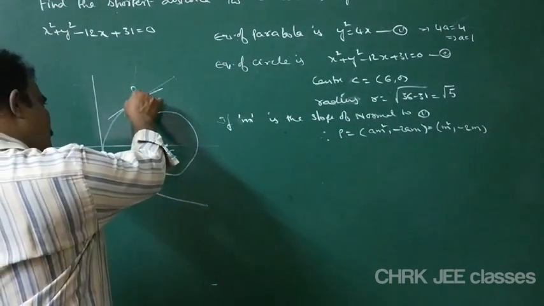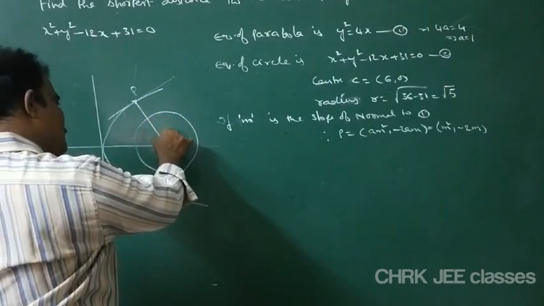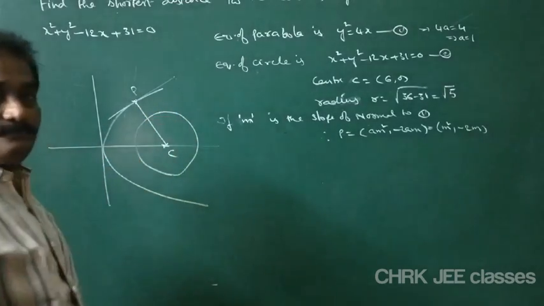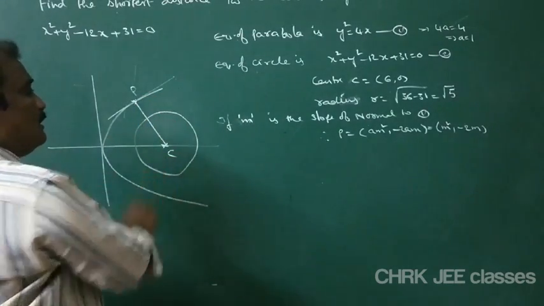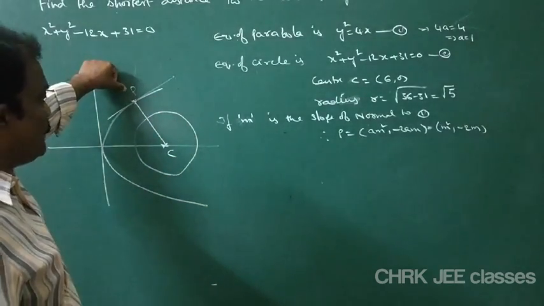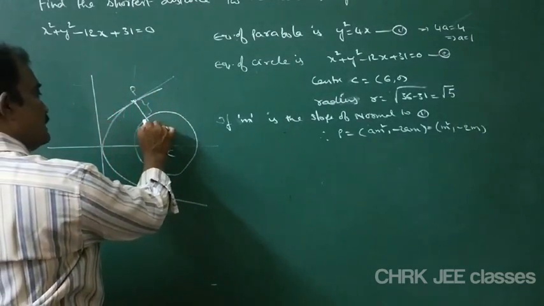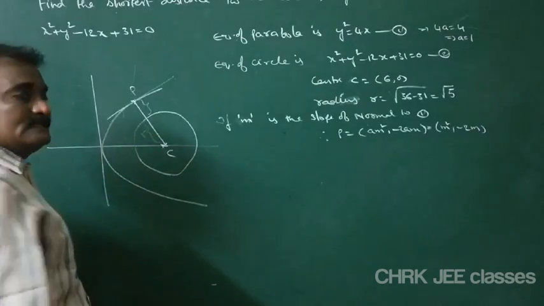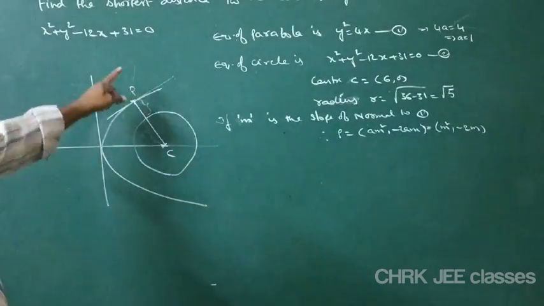So this is the normal of the circle, passing through the center of the circle. So we know the point C. When we find the point P, then this distance is the shortest distance. This is the radius r. CP minus r is the shortest distance between the parabola and the circle.